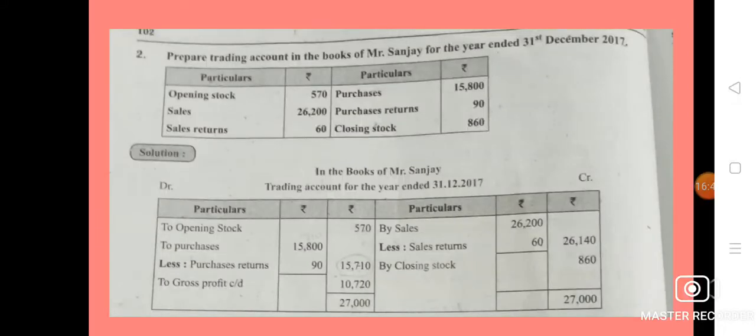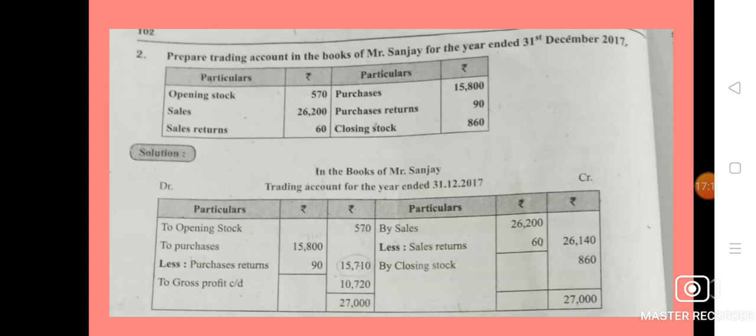We enter the same amount on both sides. Now on the credit side we have 27,000, but on the debit side we have 15,710 plus 570. So if we subtract the total, the remaining difference value we get is 10,720. The concept is, if the difference value is showing on the debit side of the trading account, we write it as gross profit. So to gross profit. This value is immediately transferred to the credit side of the profit and loss account, since we prepare the profit and loss account with gross profit.